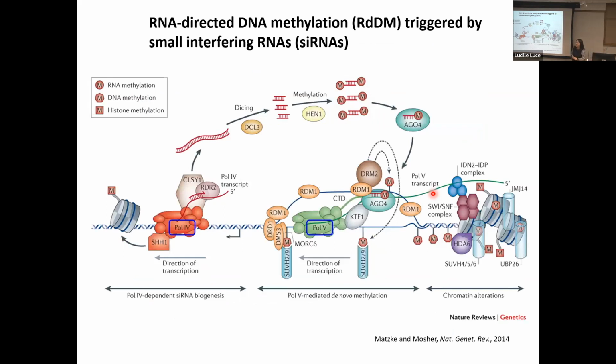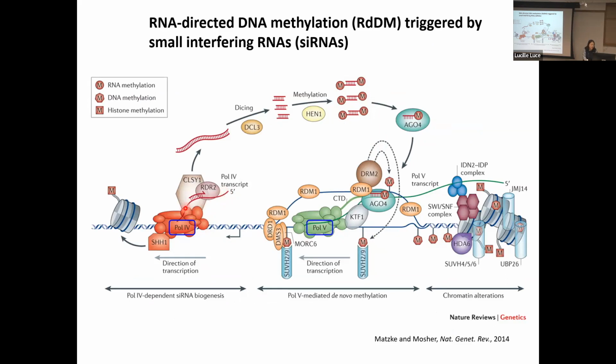In plants, if you work on plants, you may know this RNA-directed DNA methylation pathway. You can see plants have two specific polymerases called Pol IV and Pol V here. Pol IV can transcribe DNA into a single-strand RNA.